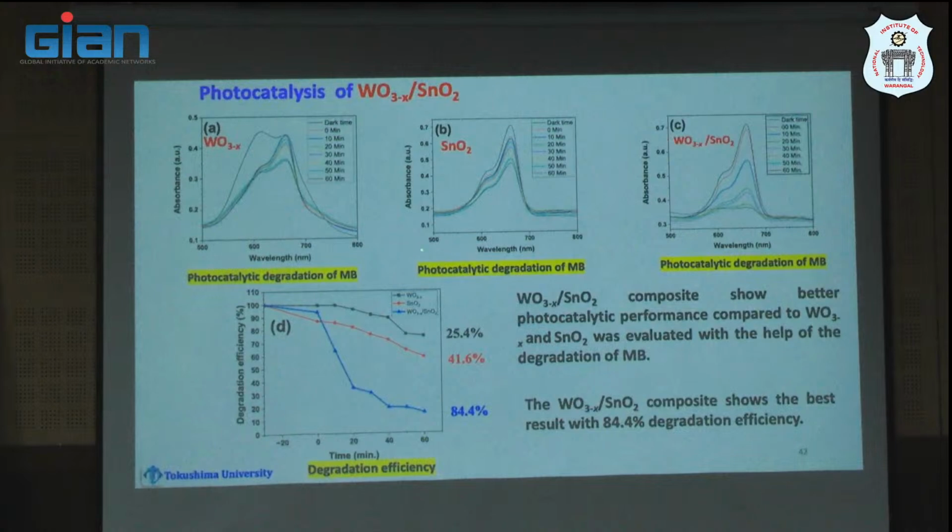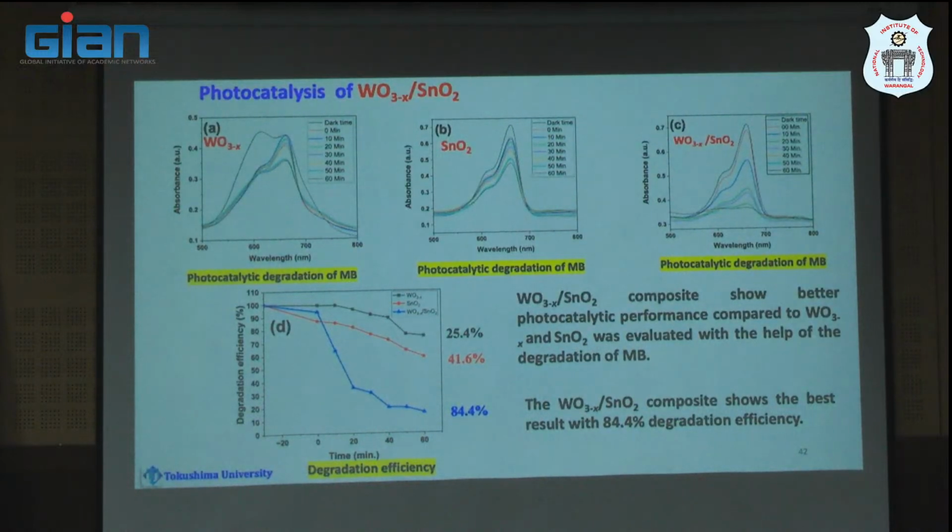Binary structure can give better performance, although it is not 95-98%, but if we add some metal to it, this efficiency will definitely increase. However, it gives an idea that we can use SnO2 and WO3 while making the ternary composite.